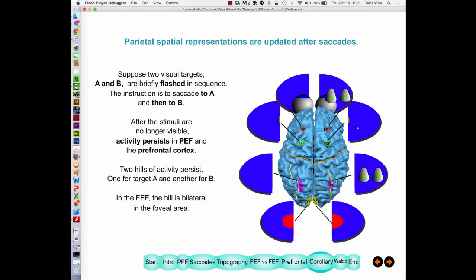Well, you can see that initially you get activity appearing in your visual cortex in sequence, and then it appears in your parietal and your prefrontal areas, and it maintains there in a tonic way. So this one just appears in the visual cortex briefly, whereas here and here it appears in working memory for some persistent time.